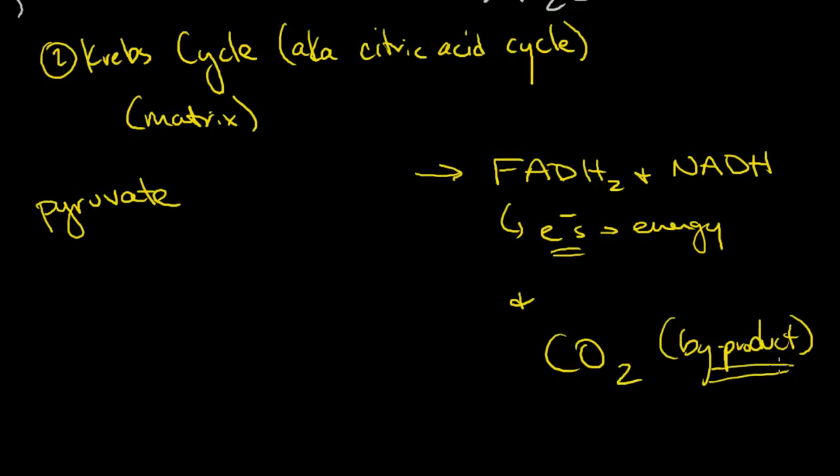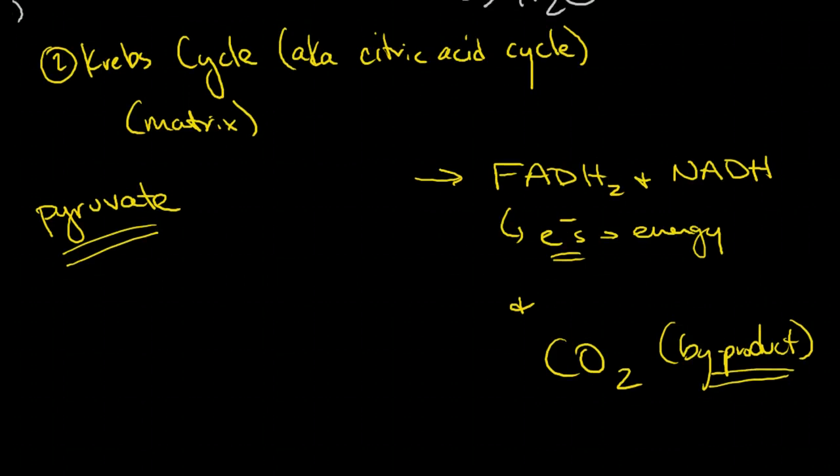The hemoglobin in the red blood cells that brought the oxygen to each cell will carry the carbon dioxide back to the alveoli so that we can get rid of it through exhalation. Okay, so that's all that you really need to know, but it's really pyruvate that we need to figure out where we got from.